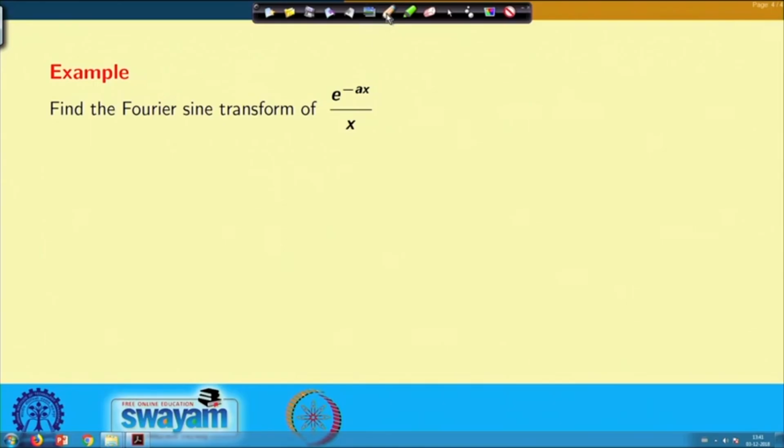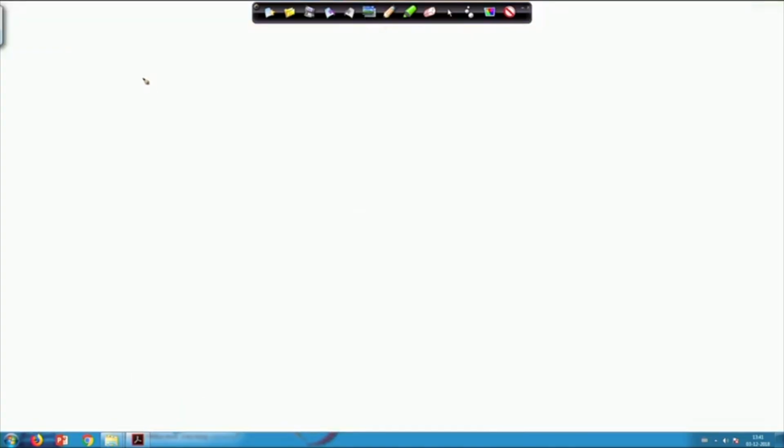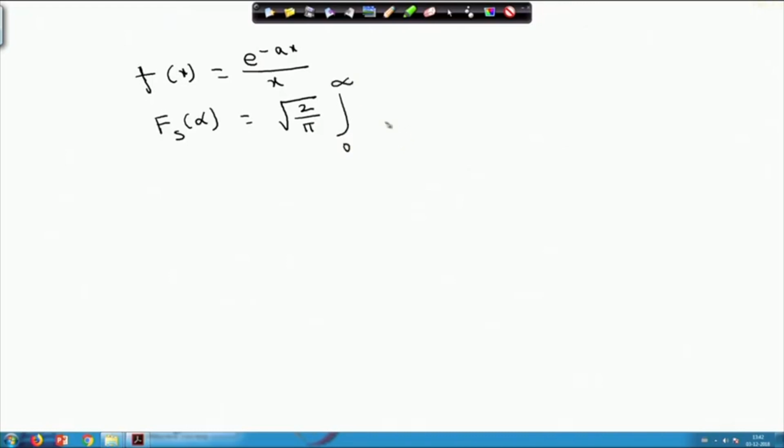To find the solution, your function is f of x equals e power minus a x by x. Now, the Fourier sine transform, which we denote as capital F s of alpha, is from the definition, as you remember, root over 2 by pi, integral 0 to infinity f of x into sine alpha x dx, where f of x is e power minus a x by x.